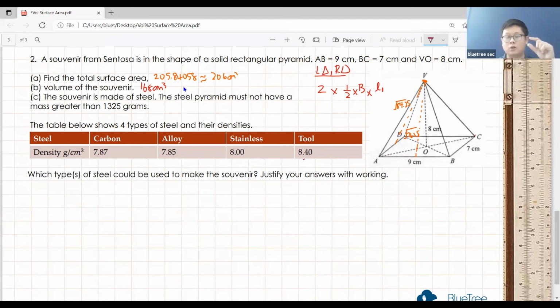The greater the density means that for the same amount of volume, it is heavier. Just like when you carry a brick compared to carrying a styrofoam, right? For the same amount of space you occupy, the brick is much heavier than the styrofoam, isn't it? So they want us to find out which type of steel could be used to make a souvenir.